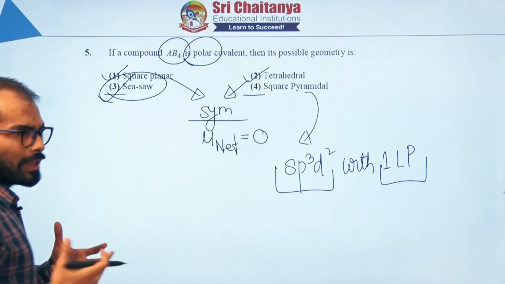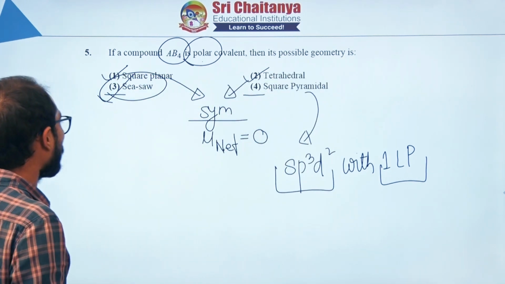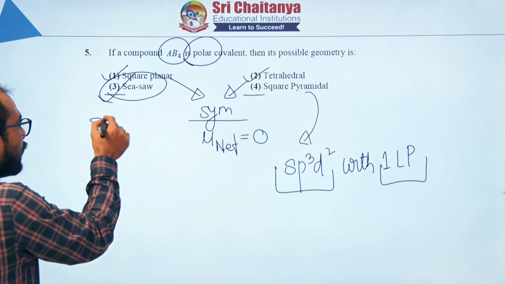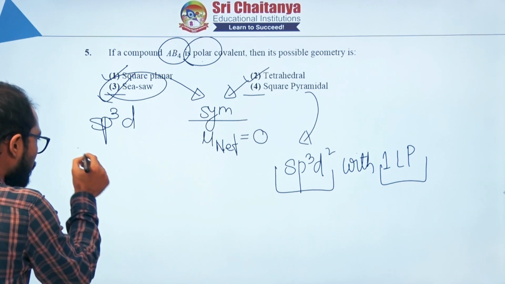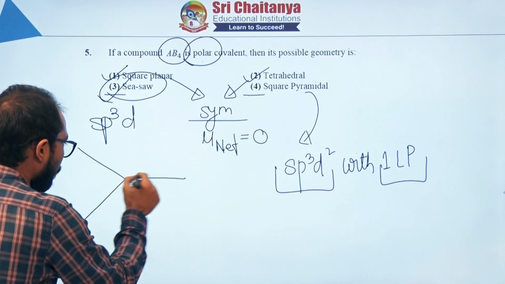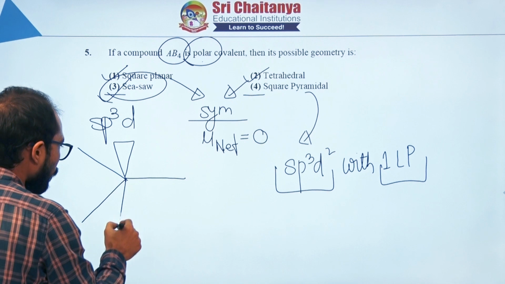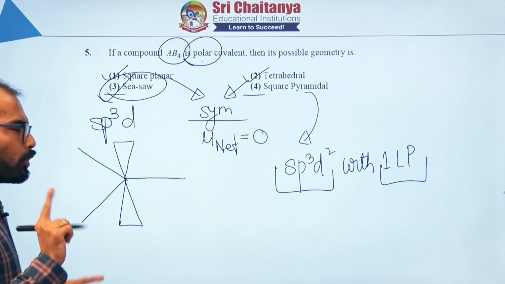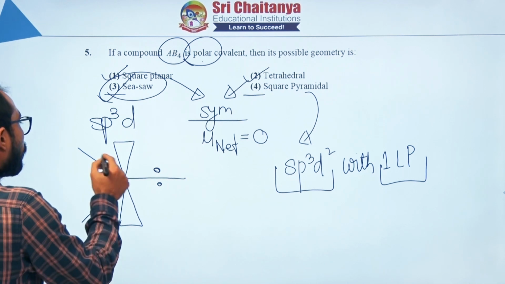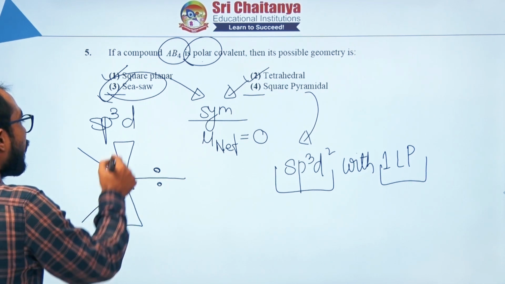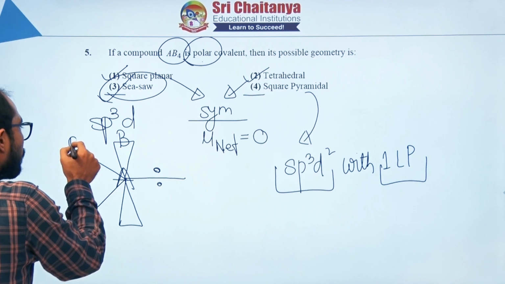Now if I go into detail, please see the geometry of seesaw. Seesaw geometry will be when we have a hybridization sp3d, and it will result in a TBP geometry, which is something like this. Now in this geometry, if I put a lone pair here and the remaining 4 atoms, considering this to be my A and these all B atoms here.